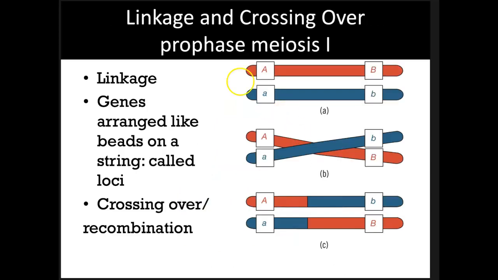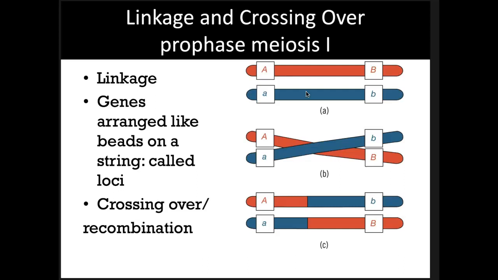recombination. Recombination is the process, also known as crossing over, that happens in prophase 1 of meiosis. Basically, homologous chromosomes lay on top of each other, and you can think about the genes on the chromosome like beads on a string.